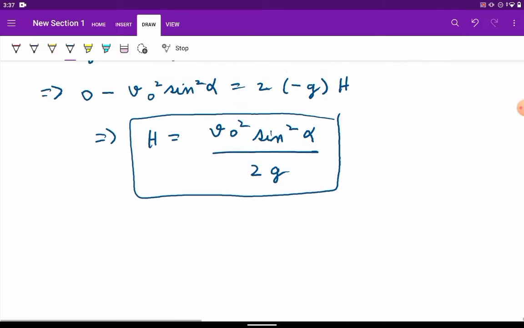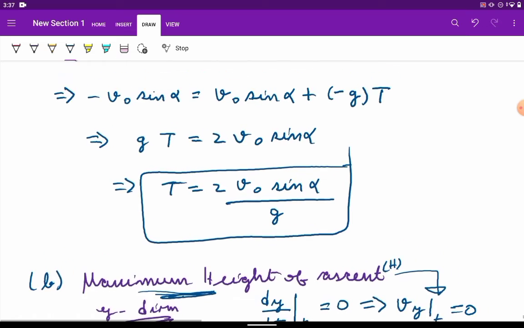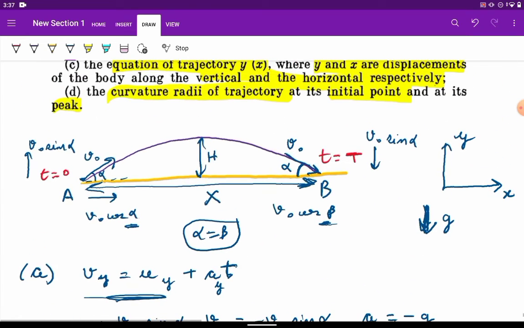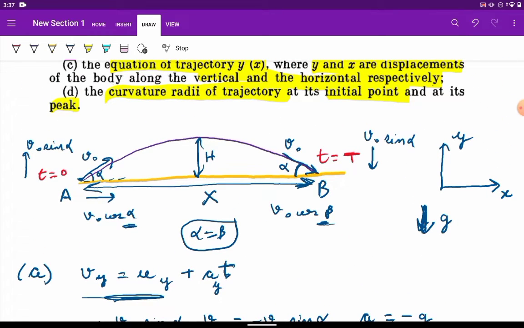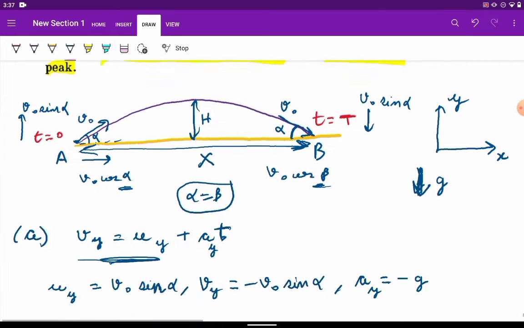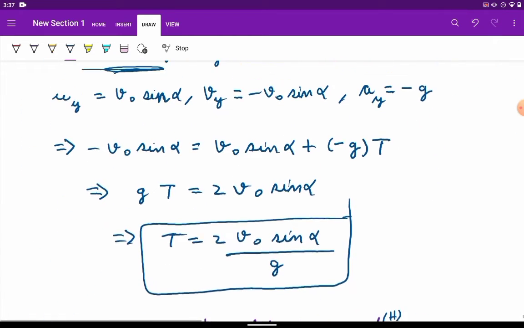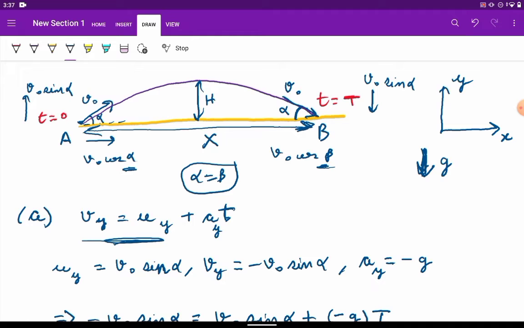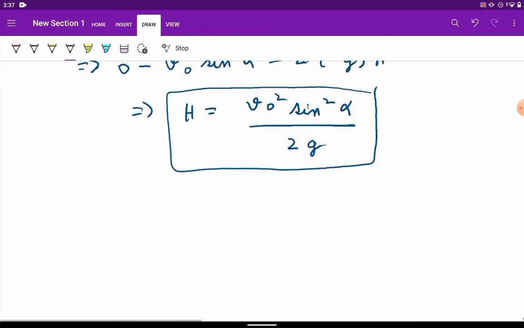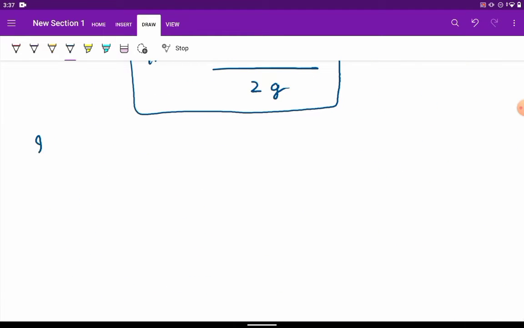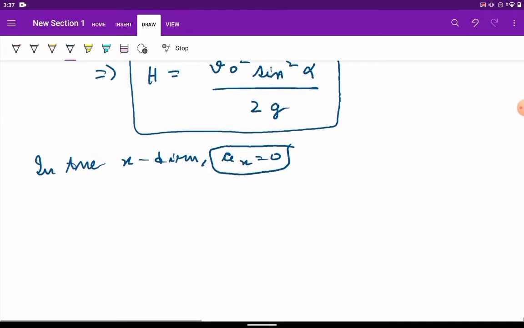So how would we find capital X? One simple way to find capital X is, if you think about it, in the X direction there is no acceleration, right? So in the X direction, basically Ax is equal to 0, right? Displacement is equal to velocity into time, so uniform velocity.